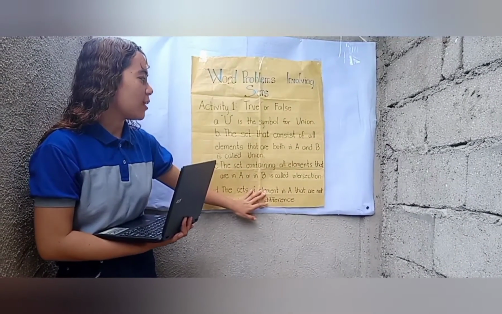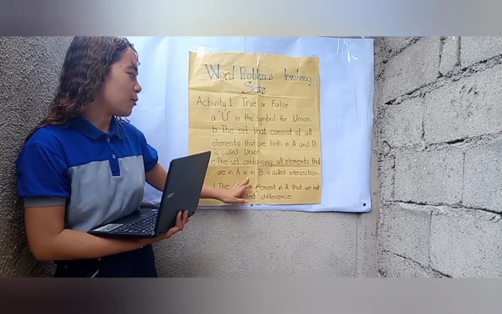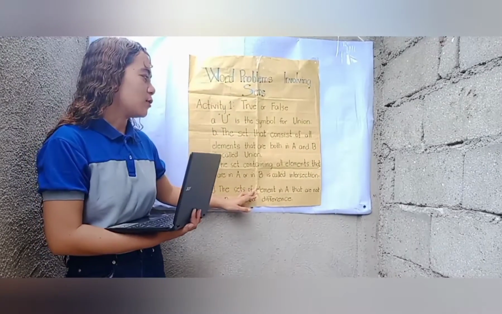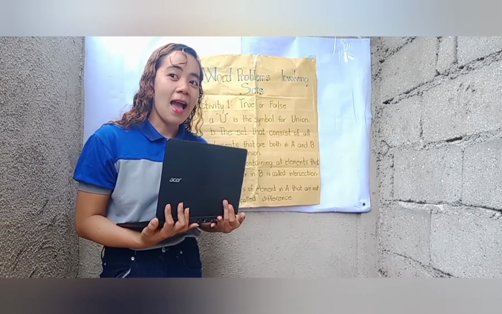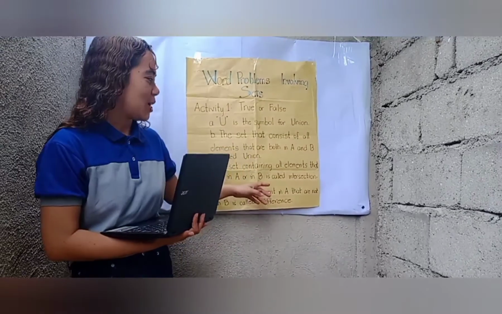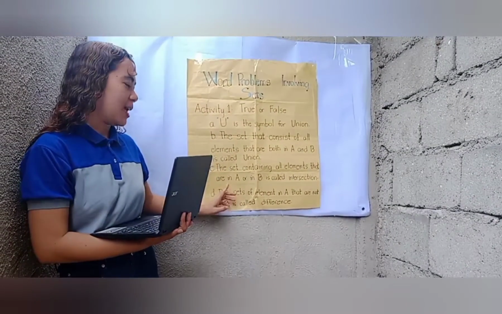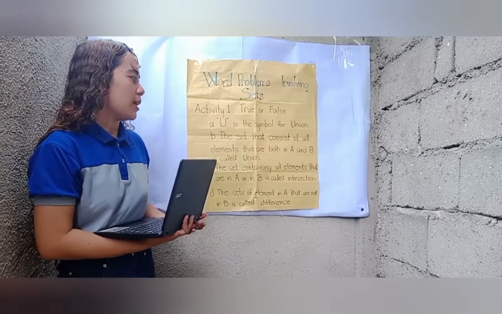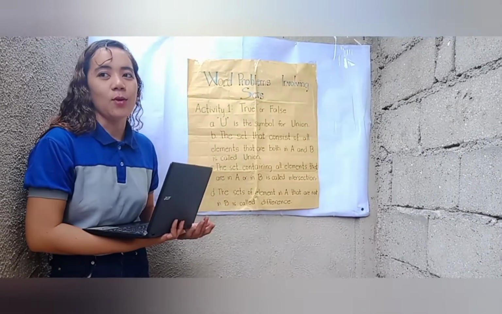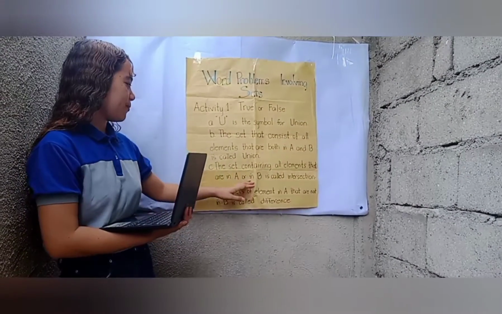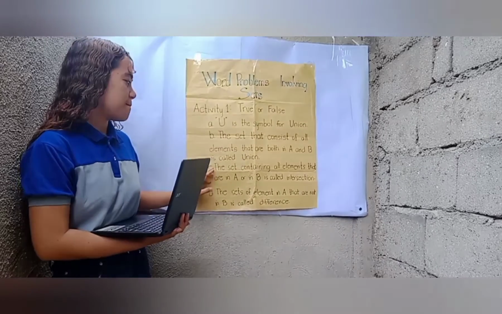The set containing all elements that are in A or in B is called intersection. Tama, mali? Tama, teacher. Mali po itong letter C. Kasi, the set containing all elements that are in A or in B is called union. That is false.